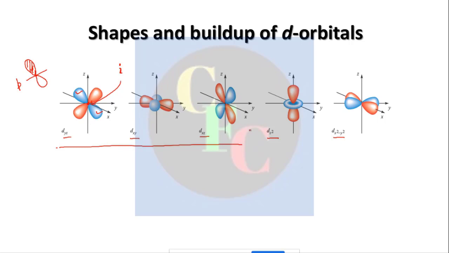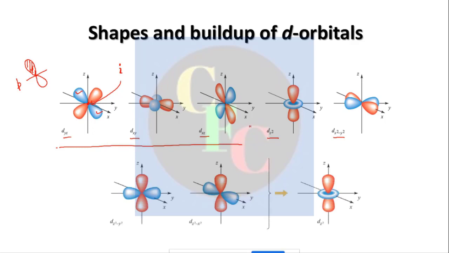Now the formation of x square minus y square and this z square can be thought of as a combination of two other wave functions, that is z square minus y square and z square minus x square. If you just combine them, just think about the picture, what will you get?